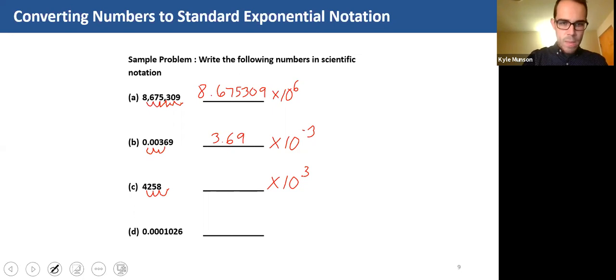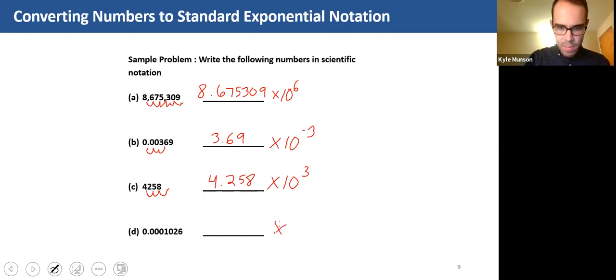And this is going to be 4.258. And just keep in mind, again, that for each one of these examples, there's only one number in front of the decimal point, and it is less than 10, but greater than or equal to 1 in every example.